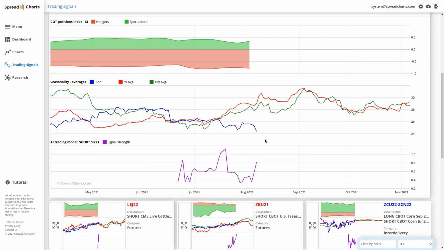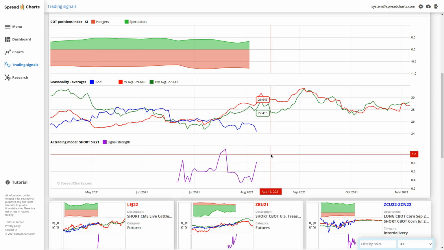The actual signal's value is also scaled across commodities so that the level of 1.0 or the values above 1.0 correspond to valid opportunities, valid signals.